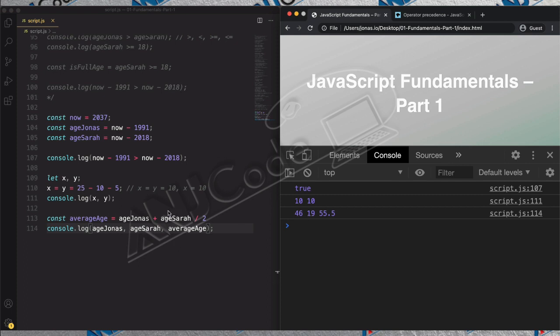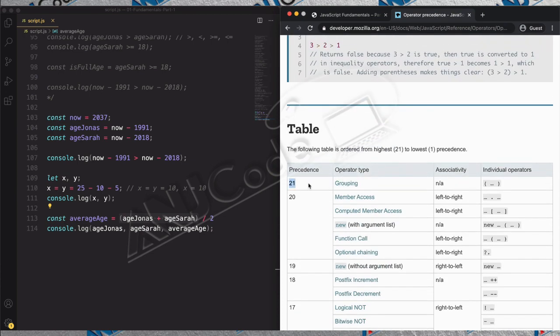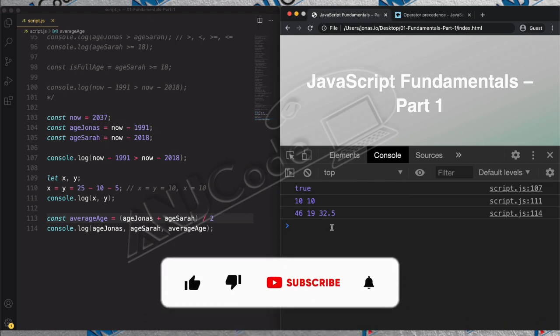So by using parentheses, once more, just like in mathematics, we can make it so that this operation here is executed first. Okay, so basically everything that is within the parentheses, which have the precedence of 21, right? So now this one is executed first, and then the division. And so, yeah, now it makes sense.